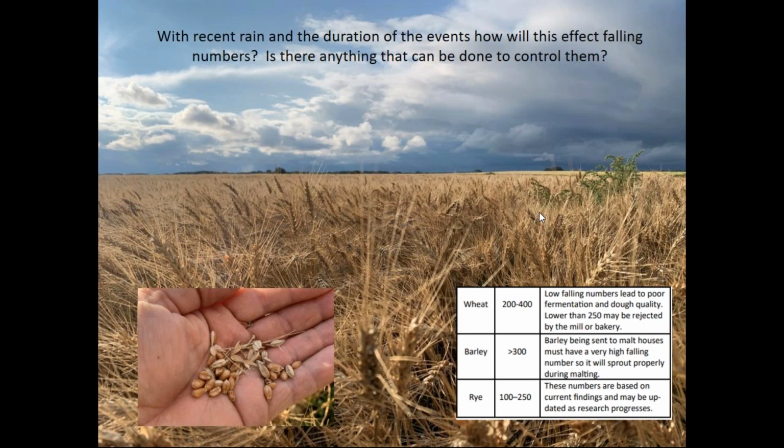So it's about 350 to 500 seconds is what most wheat varieties would naturally have. And there's no firm number, but most industry is looking for falling numbers of 300 seconds or higher. So those wheat varieties that are registered would fit within the industry standards.